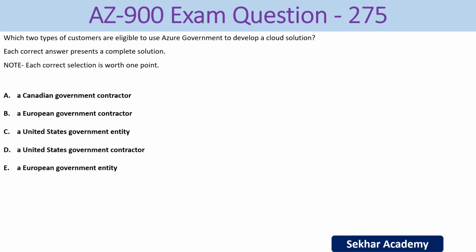Question number 275. Which two types of customers are eligible to use Azure Government to develop a cloud solution? The options are: a Canadian government contractor, a European government contractor, a United States government contractor, and a United States government entity, and E, a European government entity. The right options we have are a United States government entity and a United States government contractor.